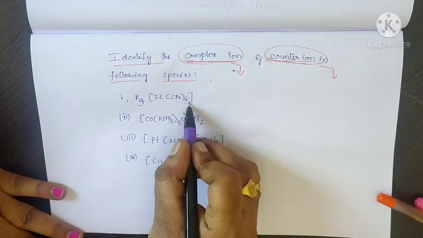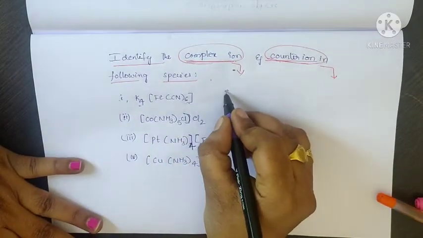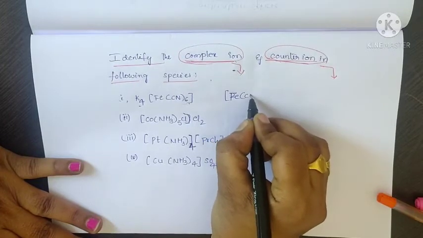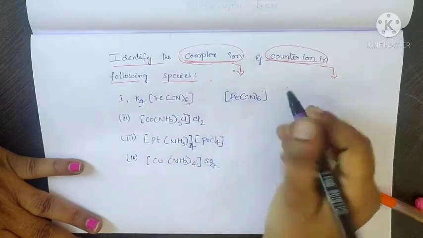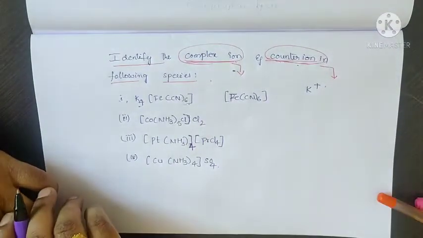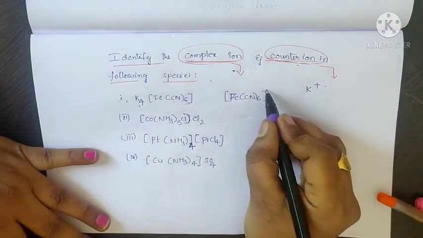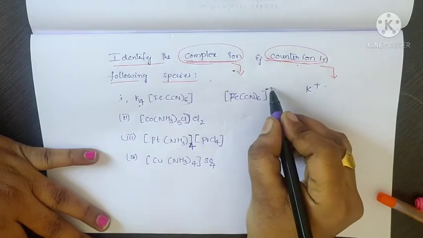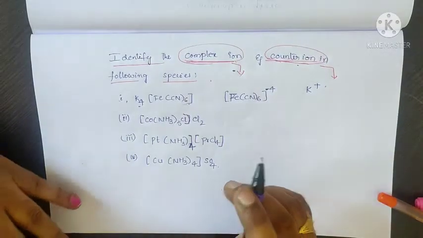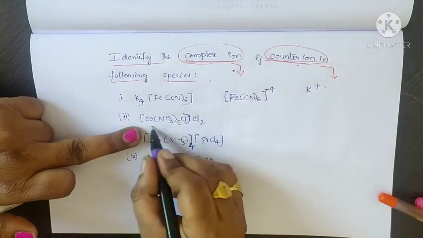The first one is K4[Fe(CN)6]. In this, [Fe(CN)6] is the complex ion and the counter ions are K plus. This is an anion and K plus is a cation. So the charge is -4.